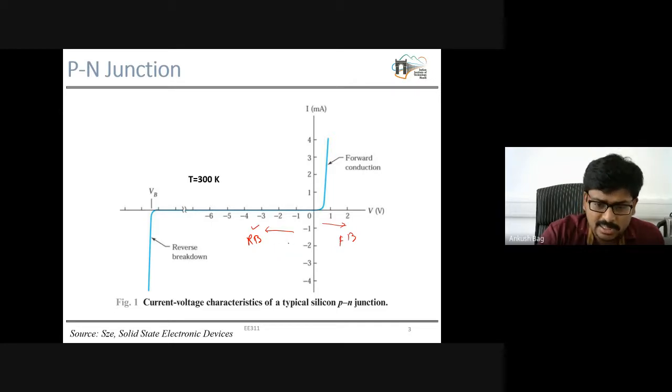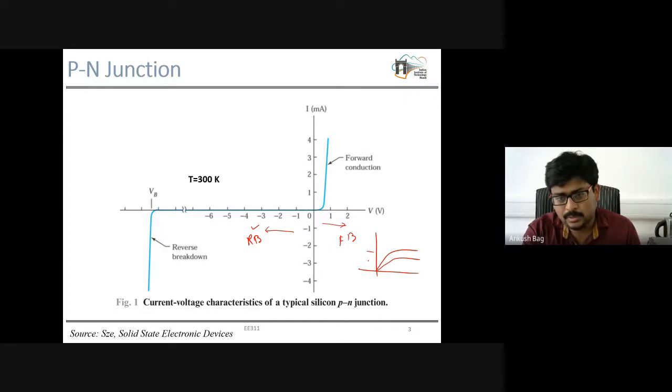Not only the PN junction diode, for your typical MOSFET, you have this output characteristics. If we keep on increasing the drain bias, after some point your drain current will get saturated. So why is this characteristic coming? We still need to understand a few underlying concepts.